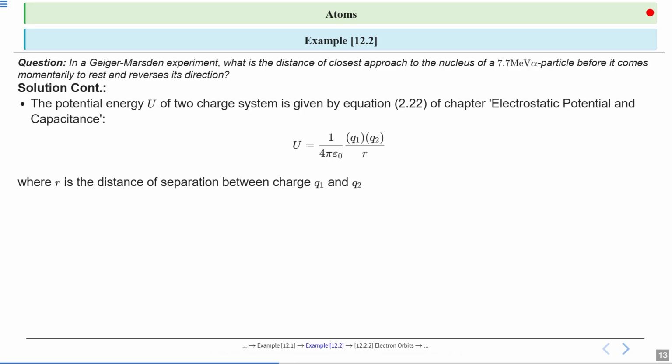After reversing its direction, it comes to rest, and the minimum distance from the nucleus up to which the alpha particle approaches before reversing its direction is called the distance of closest approach. Epsilon naught here is the permittivity of free space.